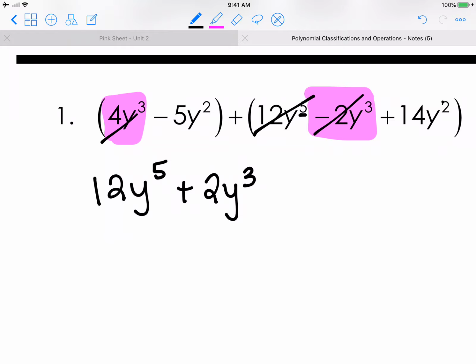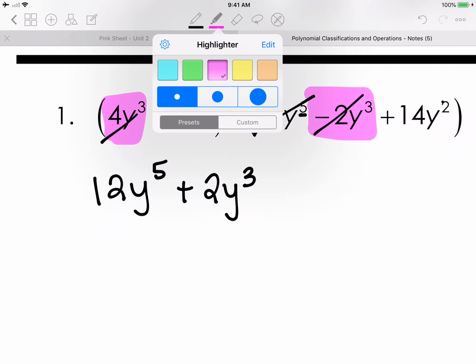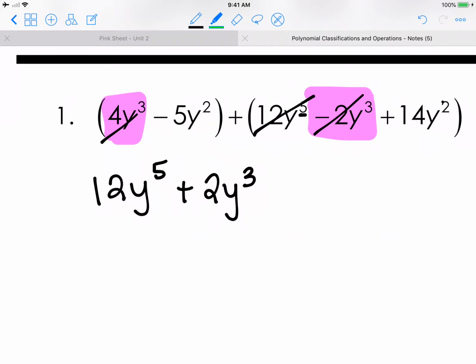Okay, so now you're thinking, okay, so degree of 2. So hopefully you see this and this one. So then I'm going to say a negative 5y squared plus a 14y squared. So you're really saying a negative 5 plus a 14 is going to give me a positive 9y squared.